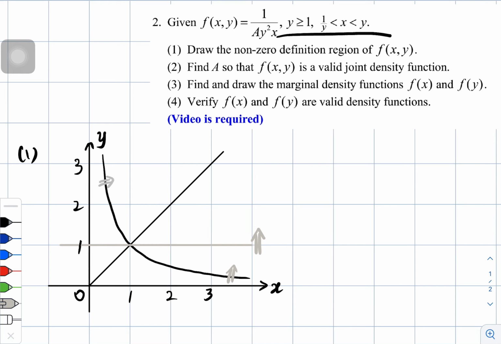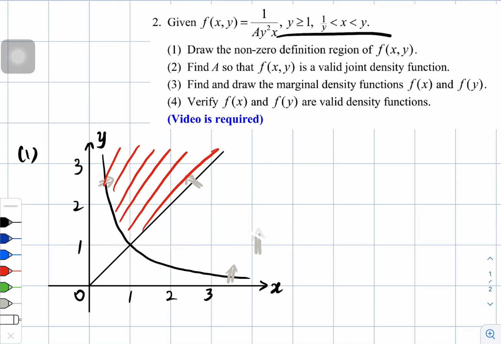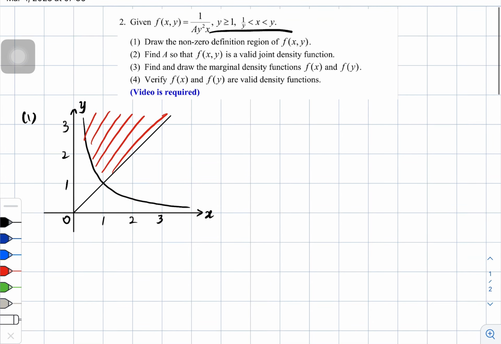And x less than y means y is greater than x, so this part. Finally, the answer is this part. Now we just erase these things and we get to know our final conclusion.